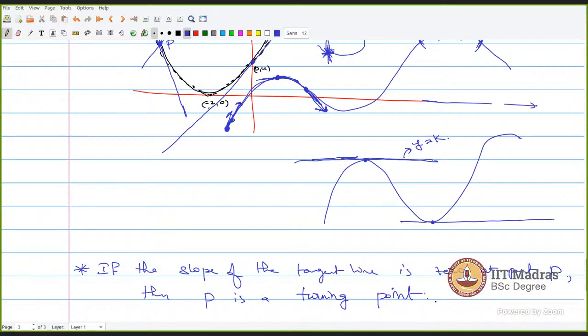Sir, for a linear function, the straight line is the tangent itself, right? Yeah, you can consider it like that, but we don't talk about a tangent line because it is already a line. You don't worry about talking about a tangent to a straight line.